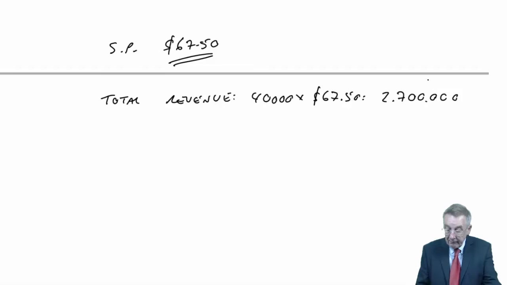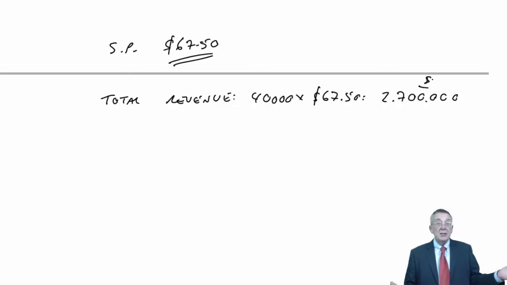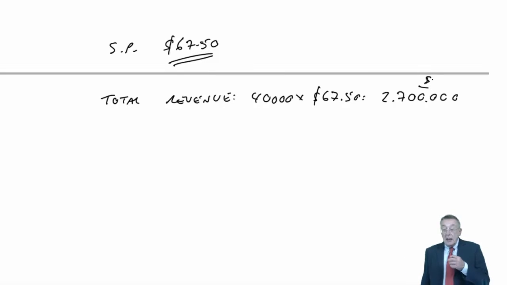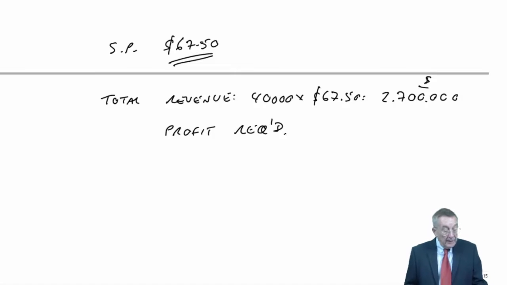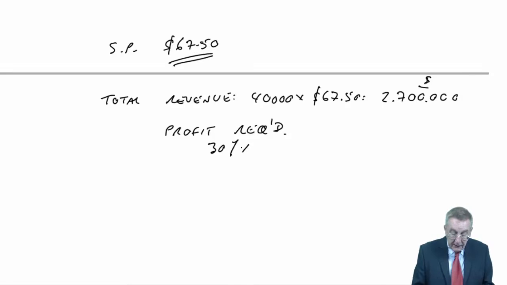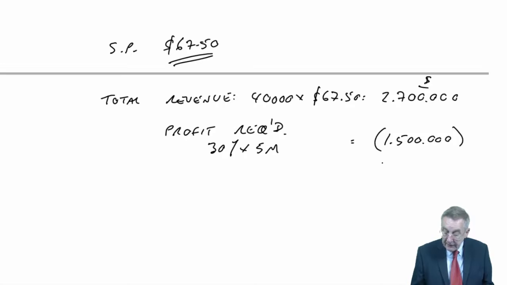You could do this per unit, I'll do it in total for the minute, but we reckon we'll get 2.7 million. The total profit required, our objective, 30% return on investment. The investment required is 5 million. And so we want to generate a profit of at least 1.5 million.